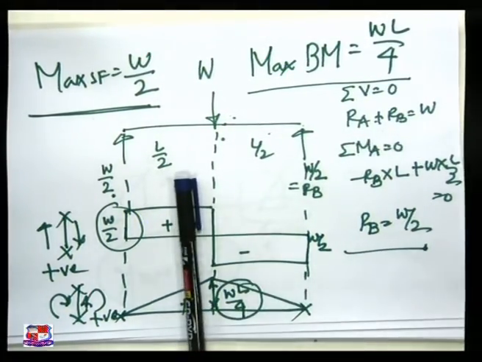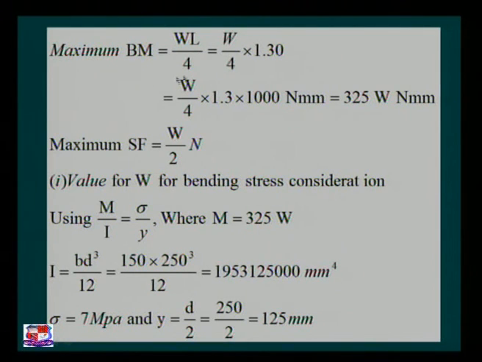So on this PPT, WL by 4 is equal to W by 4 into 1.3, L is known to us. Multiply by 1000 to convert the whole thing in terms of mm. So we obtain 325 W Newton into mm.